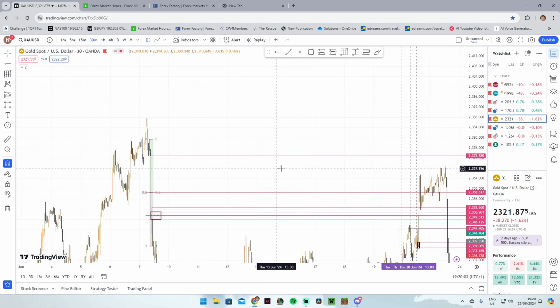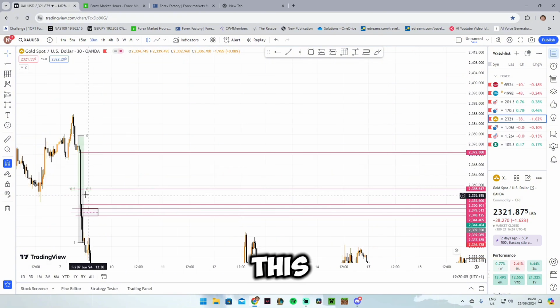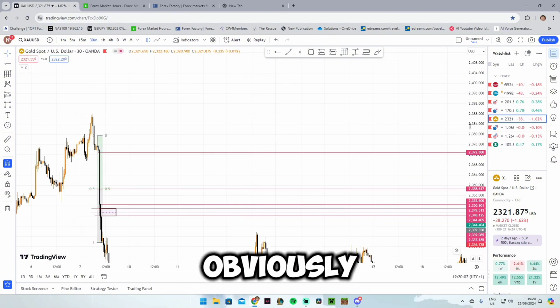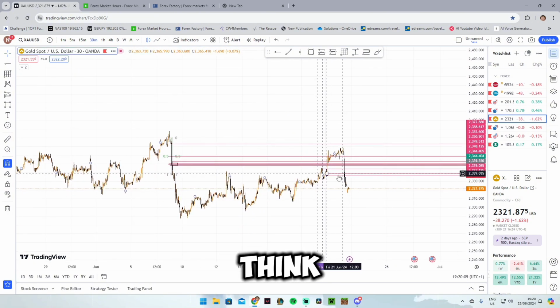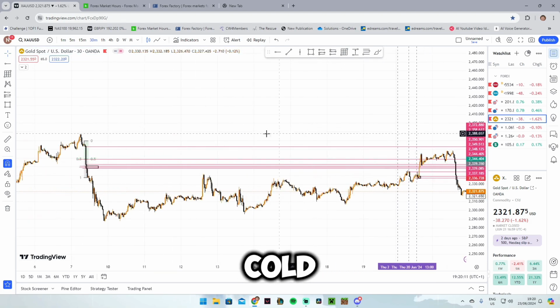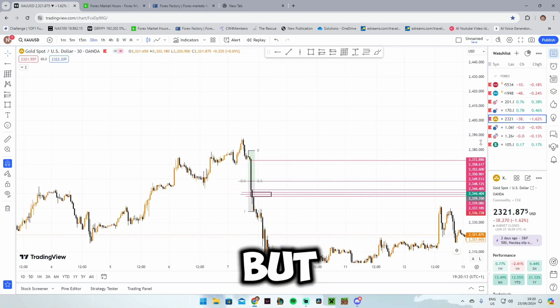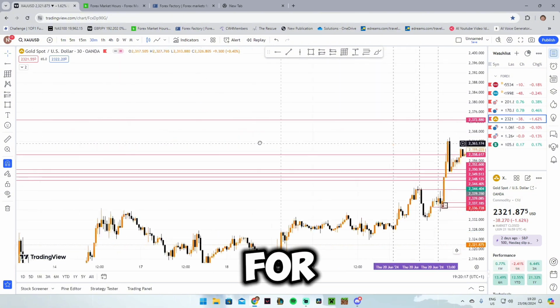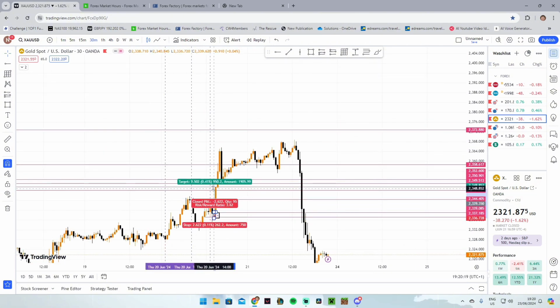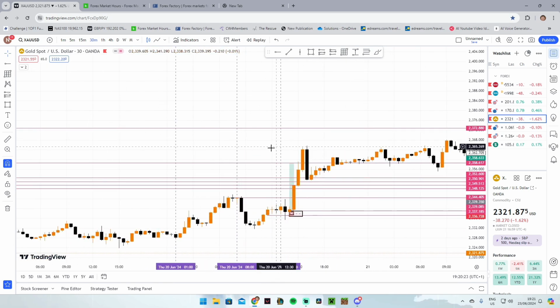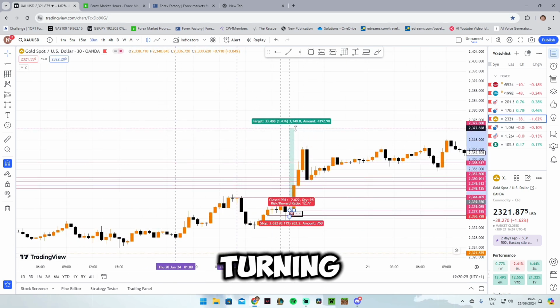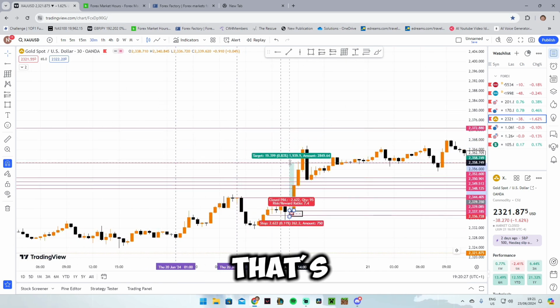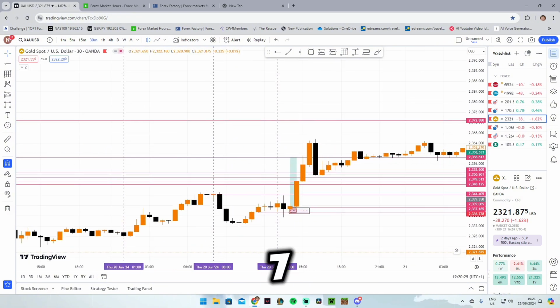Wow, most of them would have got hit. This equilibrium, obviously. I mean, it's gold, so you can't think. But most of your profits would have been smacked right here for a whopping 1 to 7 RR. And if you were targeting this one, 1 to 12, that's a lot. But we take 1 to 7.